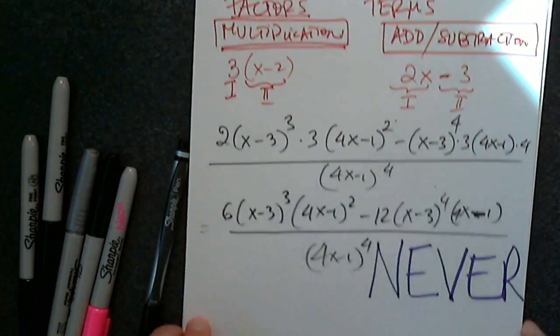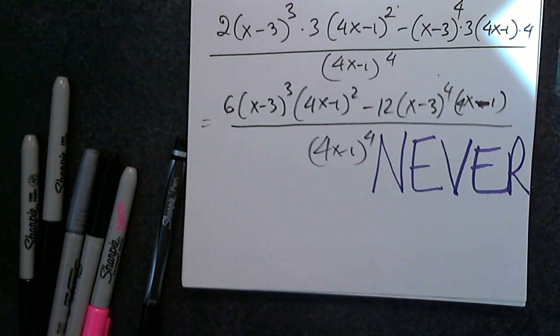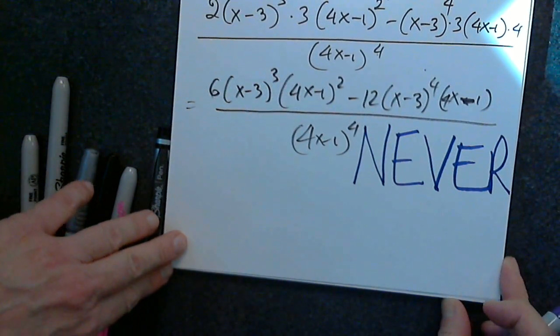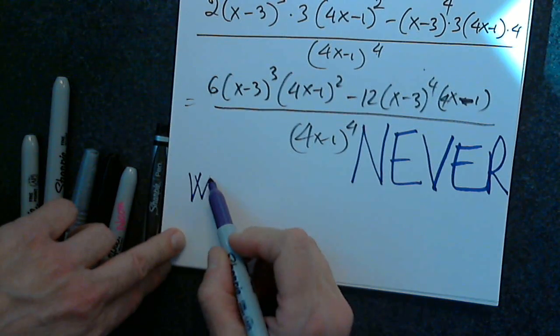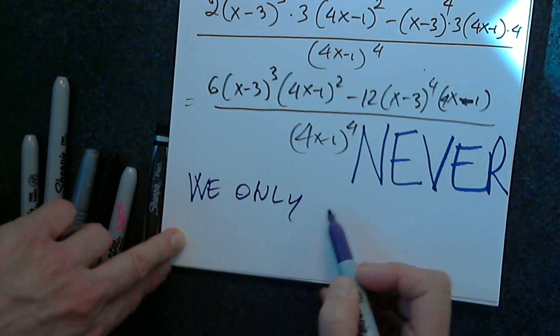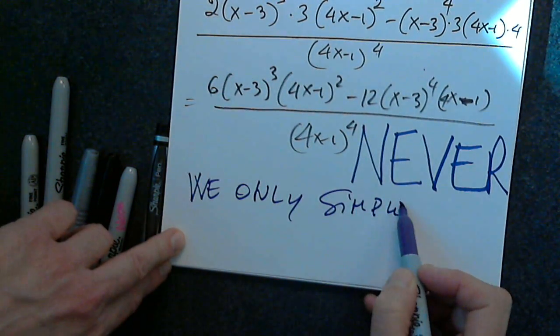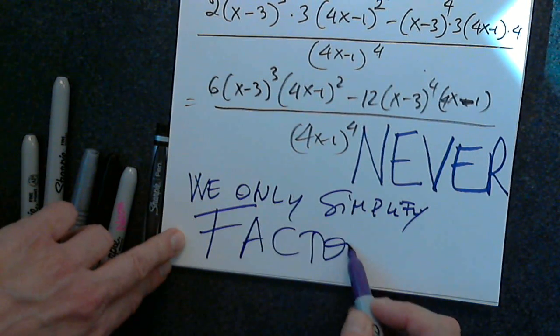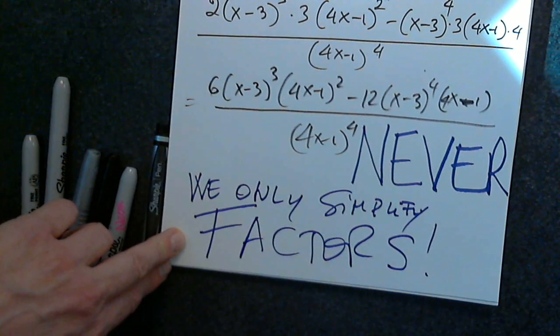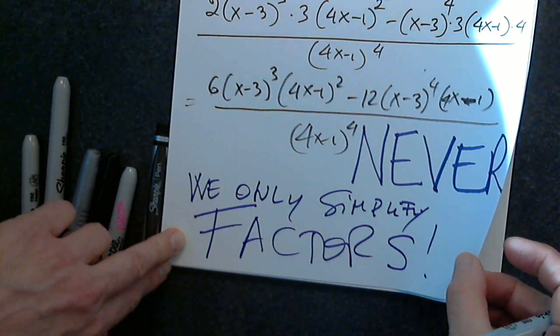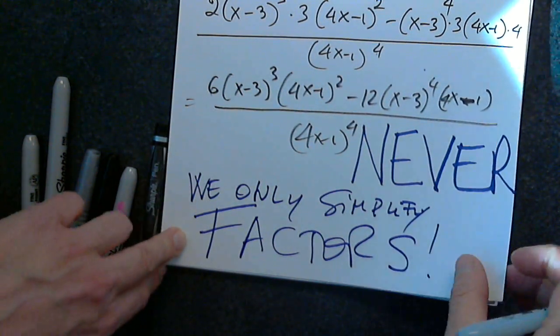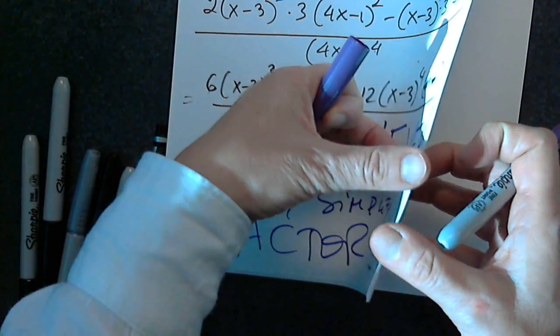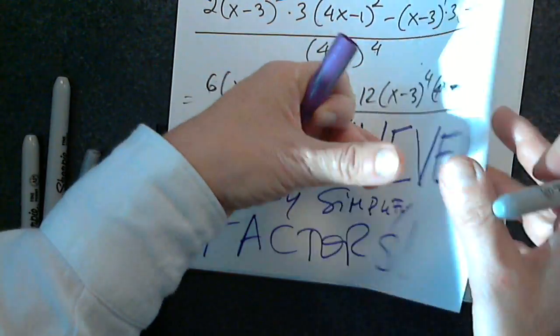So let's write that down. I blame it on myself. I did not specify enough. So we only simplify factors. Never what? Never terms, please. That's okay. That's why we're here, to learn.